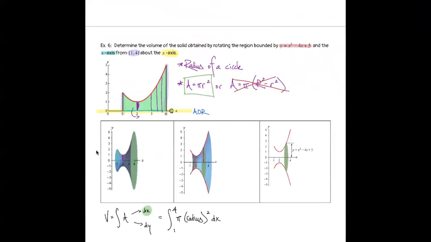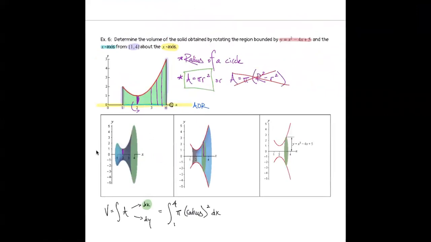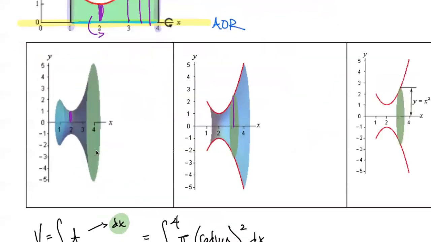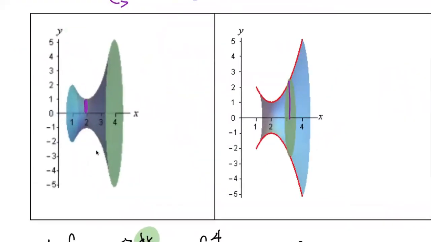Now, I really want us to use some numbers here to our advantage. We're going to go back into the diagram, and I'm going to see if you can help me figure out what the radius is at different x values. Earlier I asked you to look at the diagram and tell me where the biggest radius is, and someone said the biggest radius was at x equals 4.